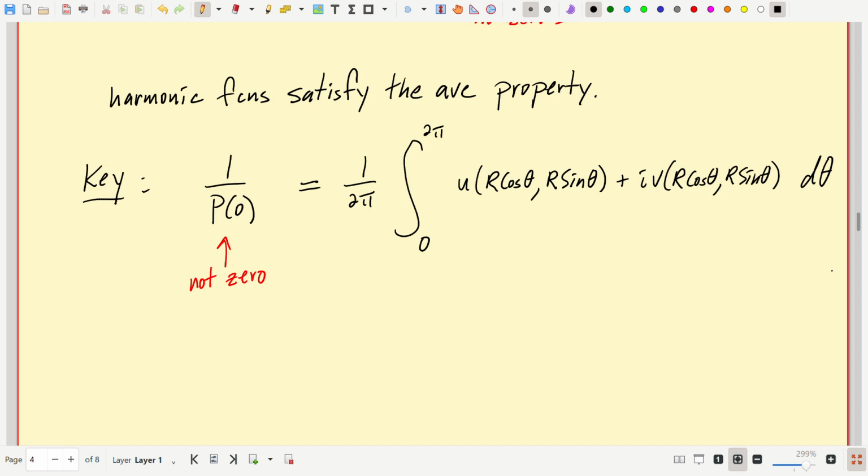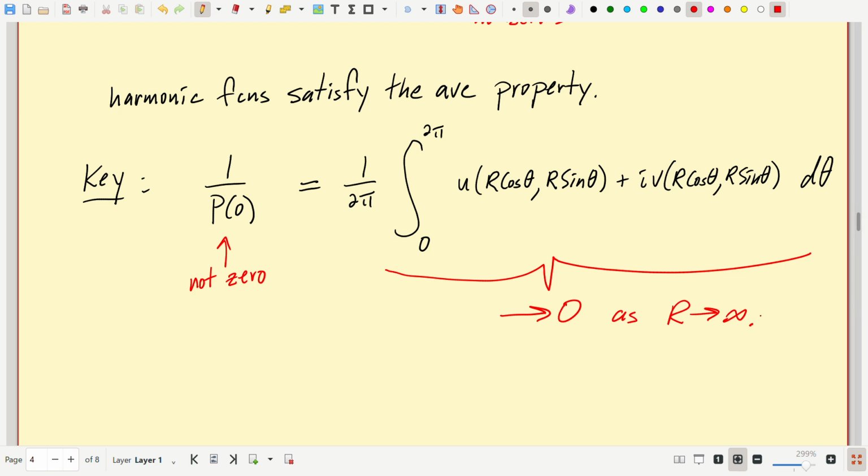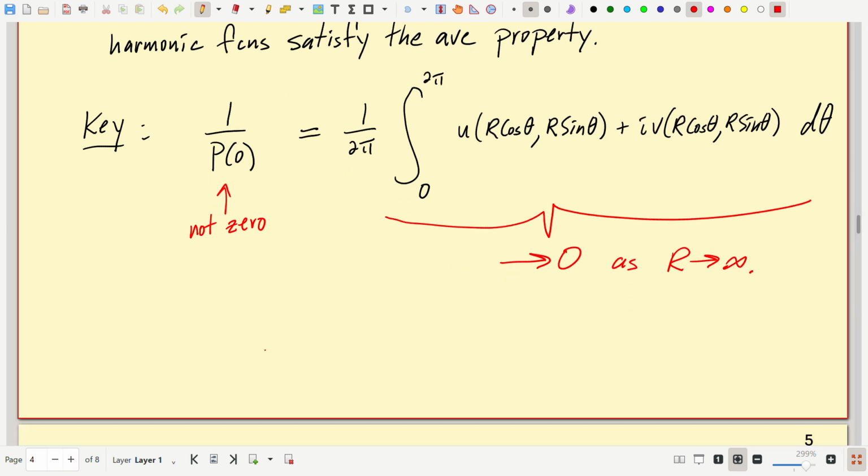This goes to 0 as r goes to infinity, because polynomials get bigger and bigger, and so when you take 1 over them, they get smaller and smaller. And that's a contradiction. So it can't be the case that p has no zeros, because then I get this contradiction. That's what I needed to be able to get the harmonic functions and use the averaging property. Okay, so that's how it's going to go.